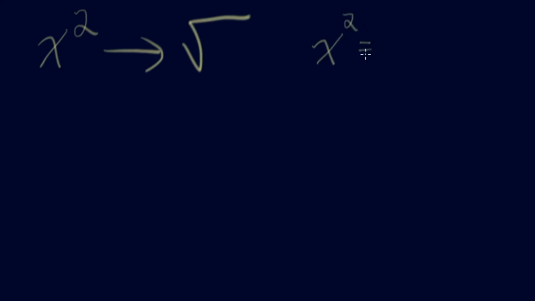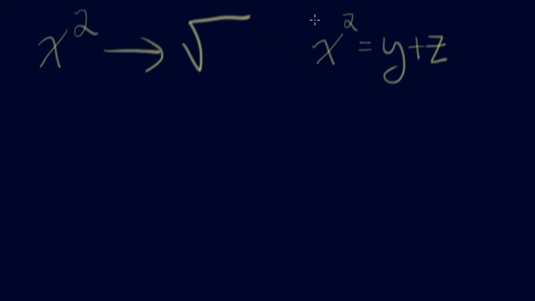So just as a little precursor, we need to know the opposite of squaring something. The opposite of squaring something is square rooting something. So, for example, let's say I had a question that said, solve for x squared. Sorry, not solve for x squared. Solve for x, just x.